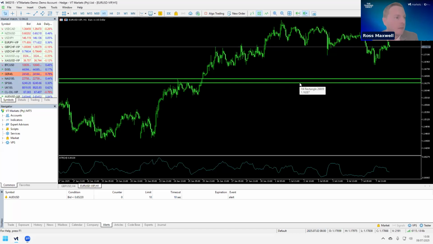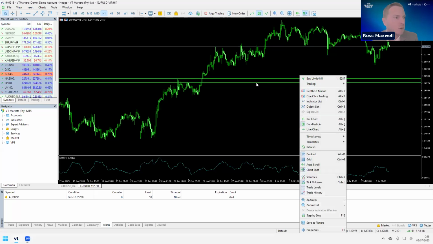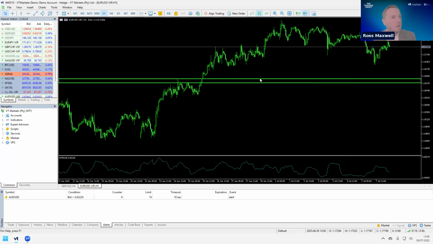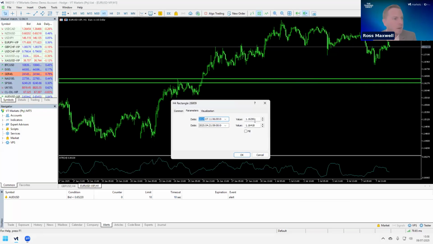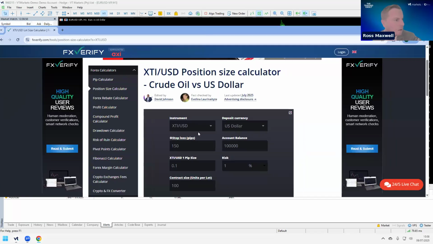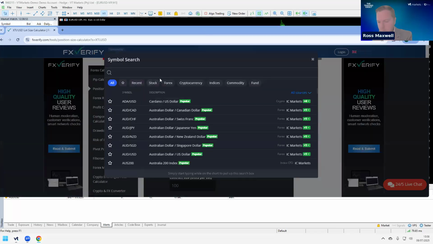Again, so we've worked out that was a 12 pip wide zone. So the top of that is at 1.642, 1.641. Okay, so 1.642. Let me change this to euro dollar.